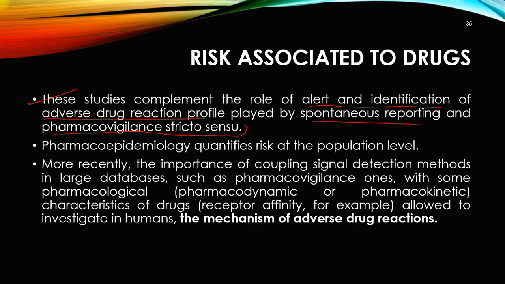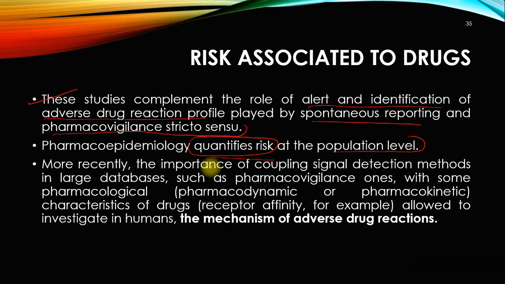So pharmacoepidemiology quantifies the risk at the population level. What it does is quantify the risk, that means how much risk is associated with the drugs if they are given to the population. That is defined by the pharmacoepidemiology study designs.